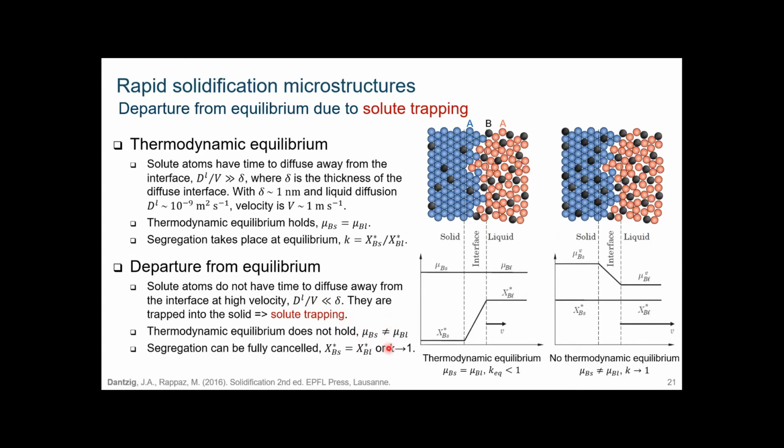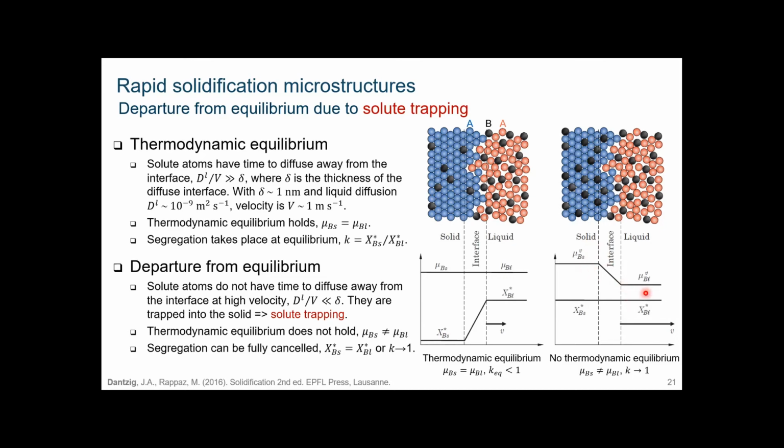And in this situation, the chemical potentials of B atoms in solid and liquid are different. And in the extreme situation, the compositions of atoms in the solid and in the liquid are the same, which you see here, equal composition in solid and liquid, but it means you have a different chemical potential in solid and liquid.